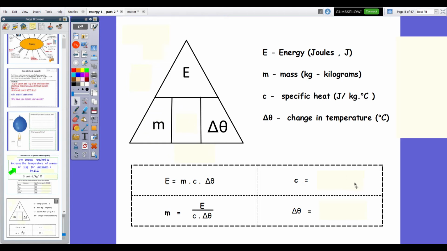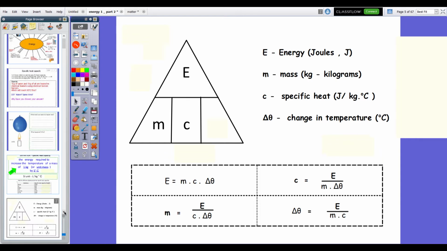C, well, C is E on the top and M delta theta on the bottom. And delta theta, if you want to calculate the change in temperature, then it's going to be E on the top and M C. And remember, you always got to calculate that bottom bit first. Don't just stick them all into your calculator, or at least make sure you're using brackets around the denominator there.